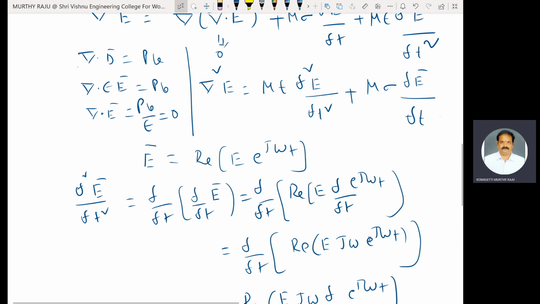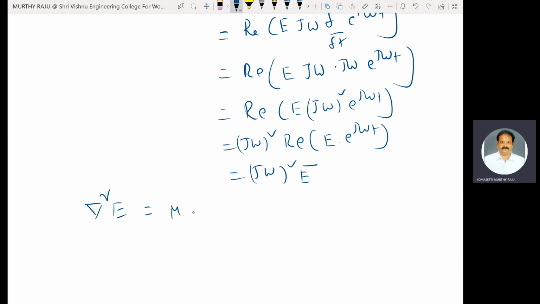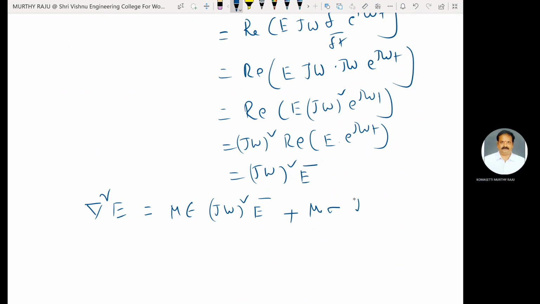Here dou E by dou t is j omega E bar. Therefore, finally substitute: del square E is equal to mu epsilon dou square E by dou t square, that is mu epsilon j omega whole square E bar, plus mu sigma j omega E bar, that is dou E bar by dou t.